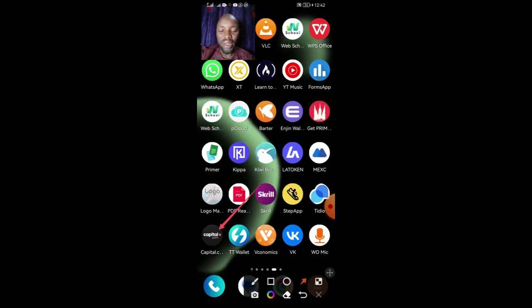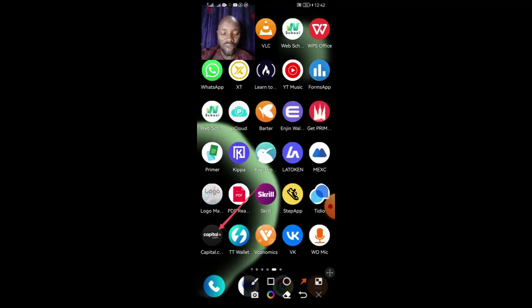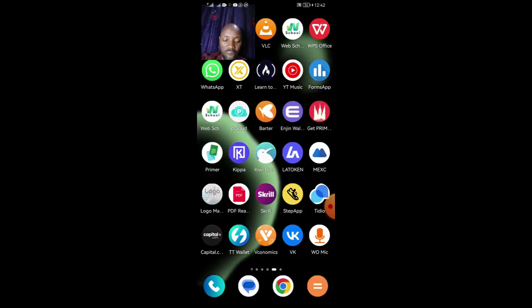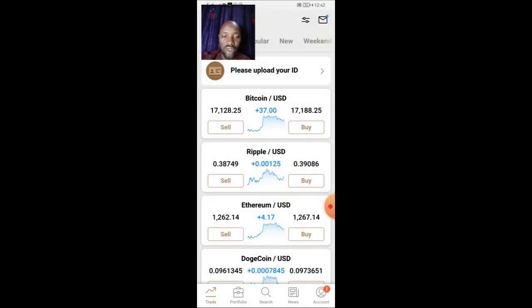What I mean by any kind of digital asset, you can trade it without any hustle. So now let's go into it and see how it looks like. Now let me point at it in order to load. Very good. You see, this is it, and it loads very fast.